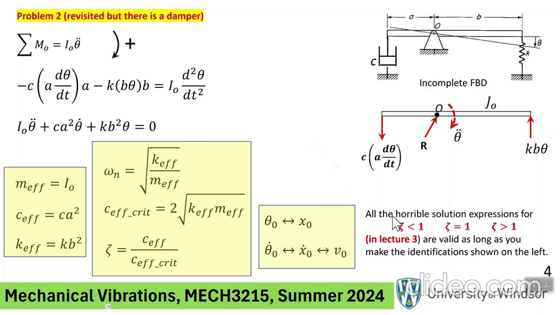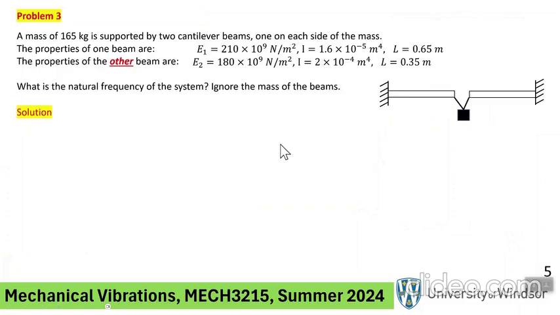In other words, zeta less than 1 involves oscillation, a damped oscillation, so it's the underdamped situation. Zeta bigger than 1 is the overdamped case, and zeta equal to 1 is the critically damped case.